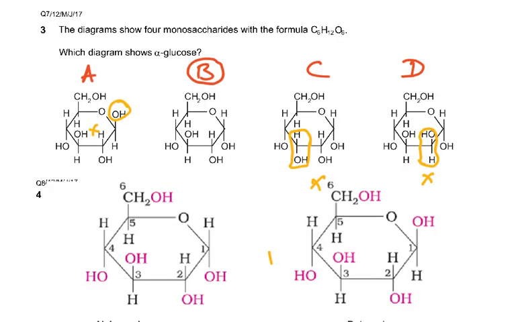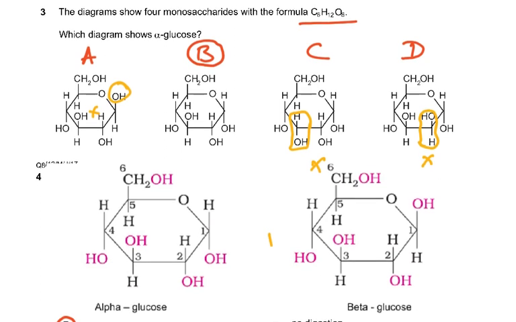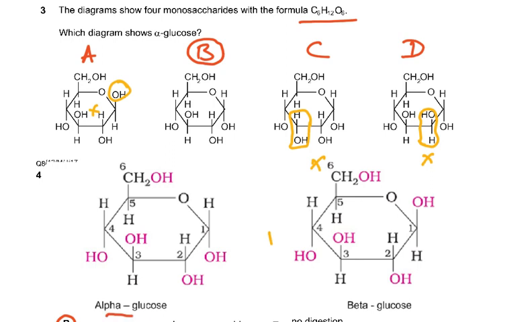Now, question number 3. The diagram shows 4 monosaccharides with the formula C6H12O6. Which diagram shows alpha glucose? You know in alpha glucose, the OH group on carbon 1 is below. So this is alpha glucose if you look at this diagram which I have given you. I've taken this and added another picture to it, which was not in the question.